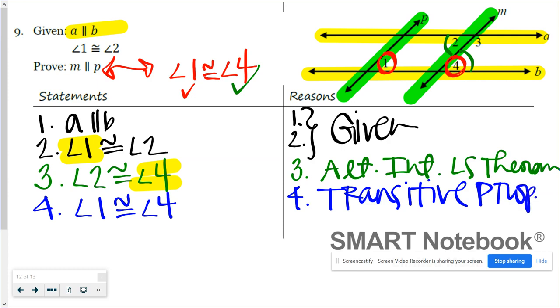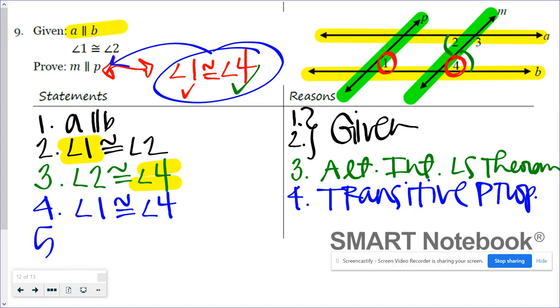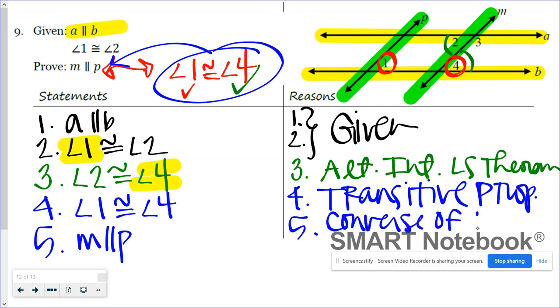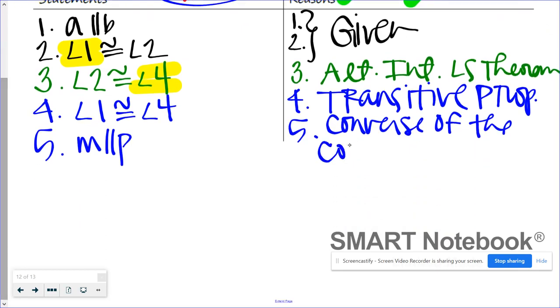Okay, and we said if we can do this, then we can prove parallel. Which converse is that? What kind of angles are 1 and 4? Yeah, that's right, they're corresponding. So this would be the converse of the corresponding angles postulate.